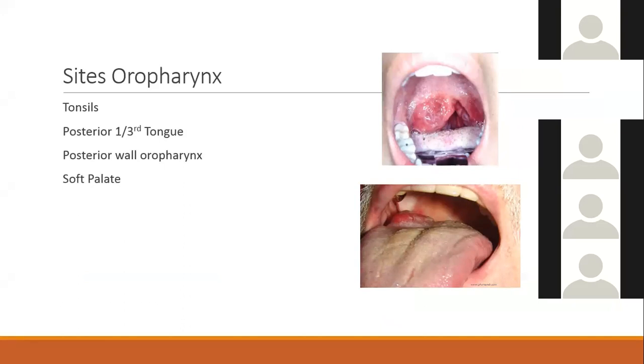Fortunately, the tumors in this area are not as common in Pakistan as in the West, where human papilloma virus is the culprit. In Pakistan, HPV causing carcinoma is rare because of our healthy practice. So we do see tumors in these sites, but not as commonly as in the UK, USA or Europe.